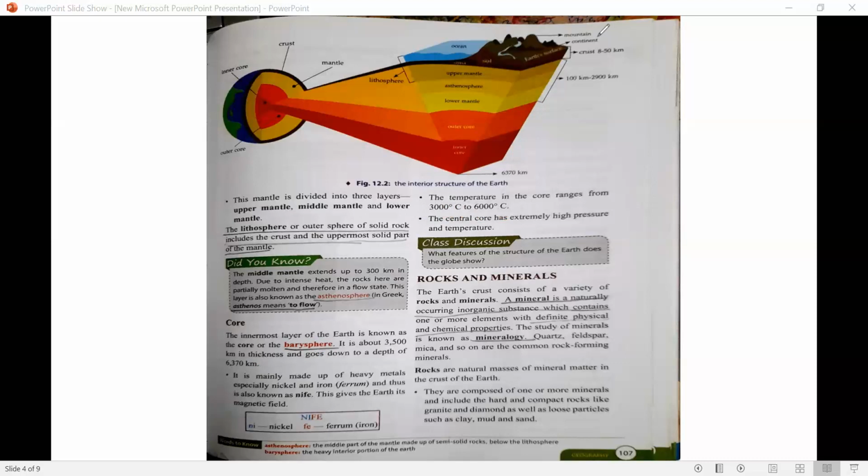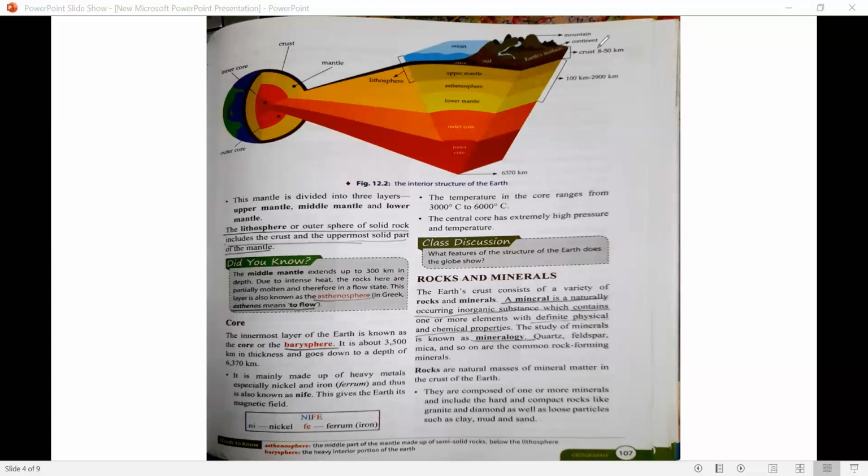When the temperature increases from 3000 to 6000, volcanic eruptions also take place at that point in time. When there is very high pressure, the magma and such things come out to the surface. That is the work of the core only. The core does those things to us.